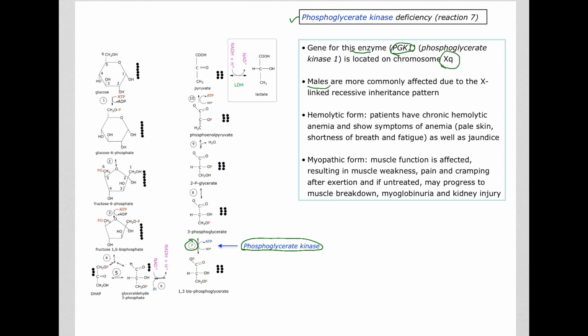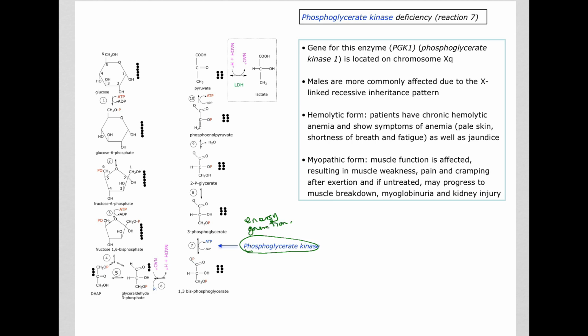So the individuals who are affected by this disease are mostly males due to the X-linked recessive inheritance pattern of this gene. Without this enzyme, once again glycolysis is affected and energy generation is affected. So there is reduced energy generation.